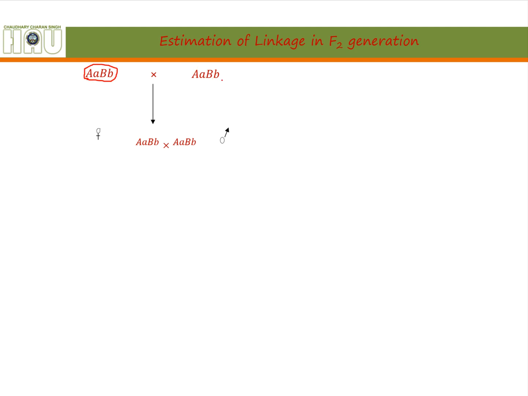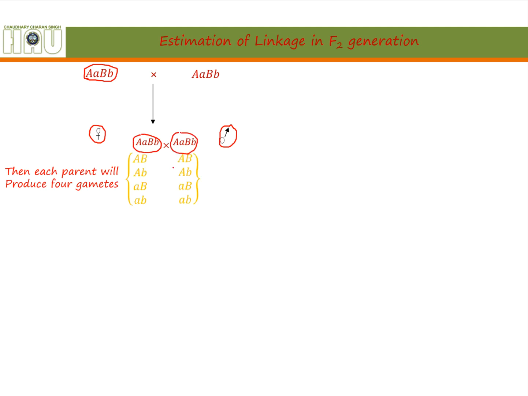Then suppose these are females and these are the males. When this crossing takes place, then the parents will produce four gametes, and from these gametes, if you take this side and this side, we will get these four gametes of each parent.